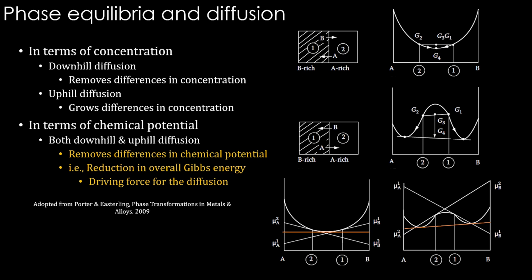Mu A was higher here, lower here, and when it reaches the final state, it reaches a uniform mu A value throughout, not high, not low. Similarly for B also. In this uphill diffusion example, this is the initial state Gibbs energy, and the initial state chemical potentials you can track here. Once it reaches this final state, if you draw a tangent there and see what happened to mu A and mu B, high mu and low mu become some average mu. This is what drives the diffusion.